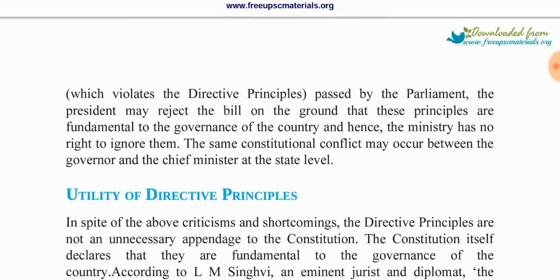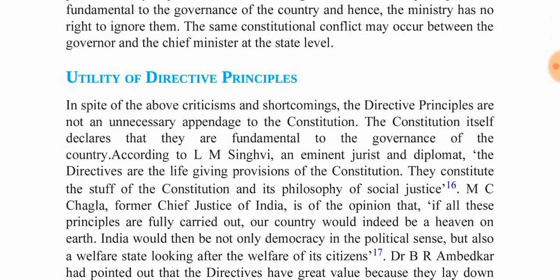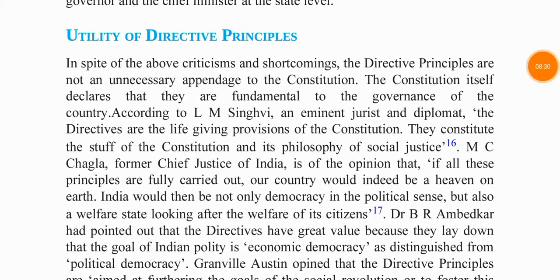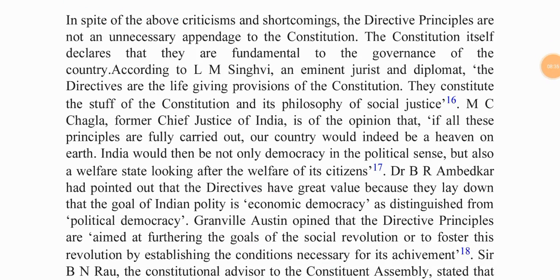Okay, so then we'll move on to the utility of directive principles. In the utility of directive principles also you can read it, nothing much to explain about this.